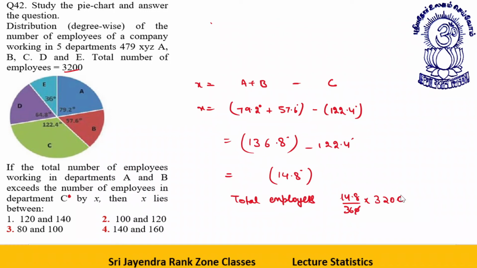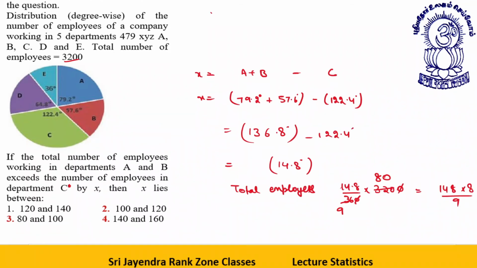Okay, 10 and 10 cancel. Let's cancel this by 4. This becomes 9. This becomes 80. So what does it become? This is like 144 into 8 divided by 9. So far clear? 144 into 8 by 9. This is what we have to find.